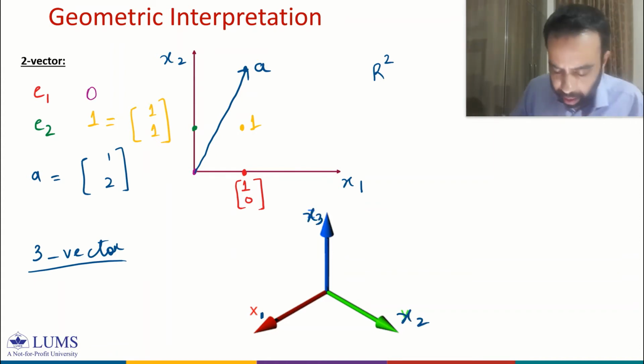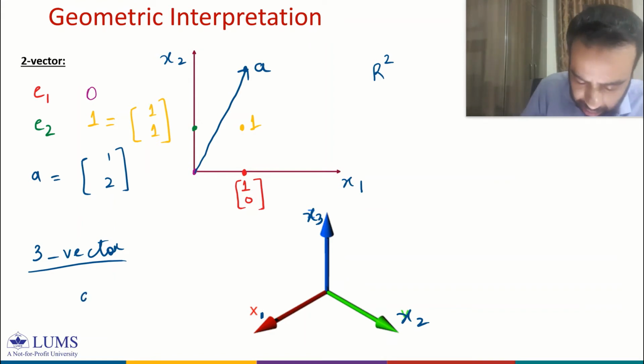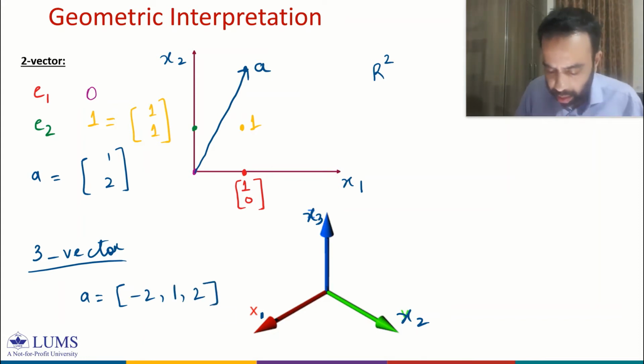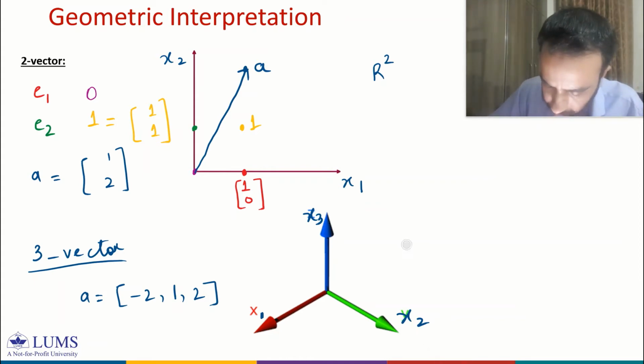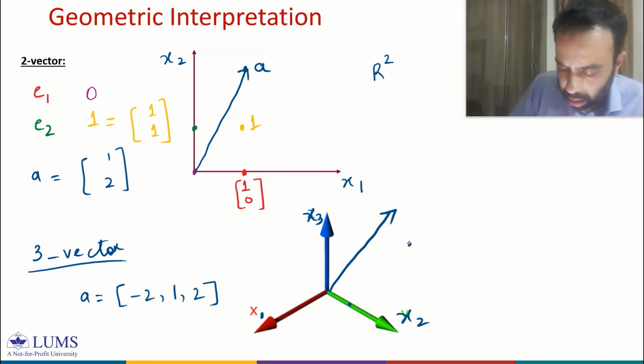We take, for an example, a vector a equal to -2, 1, and 2. This vector would be represented by a point in this space. Along x1 we have -2, along x2 we have 1, and along x3 we have 2, somewhere here. This point, or this vector, is the vector a.